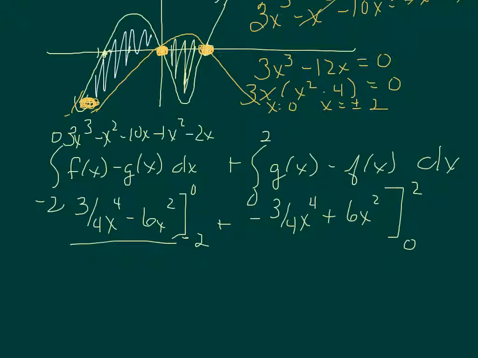And over here you have negative x squared plus 2x minus 3x cubed plus x squared plus 10x. So you have to combine and then integrate.